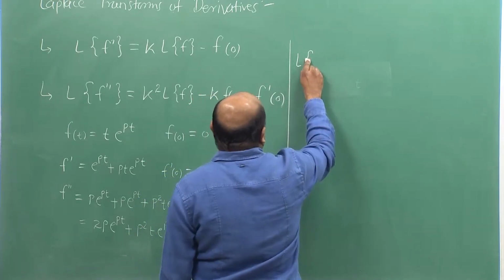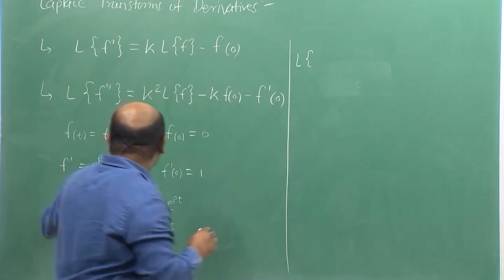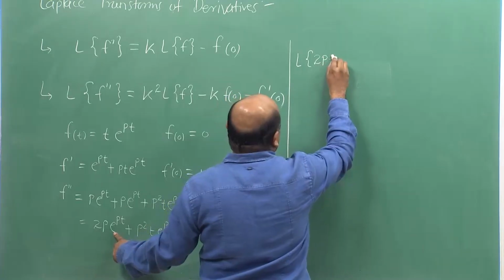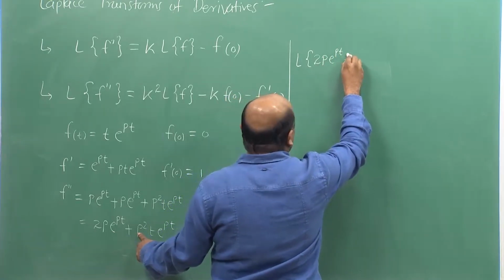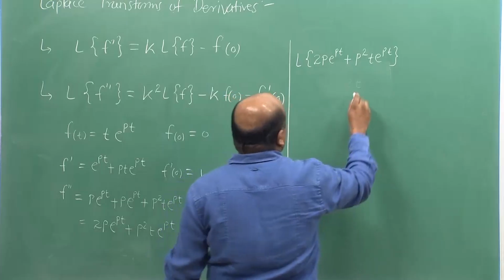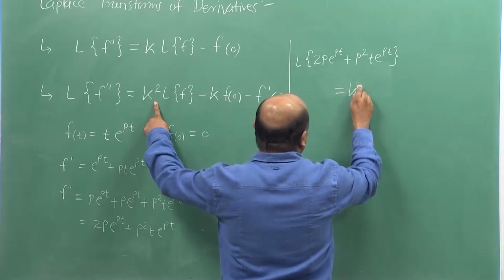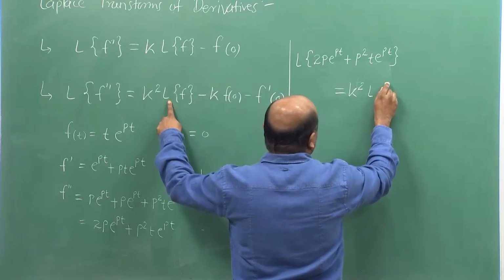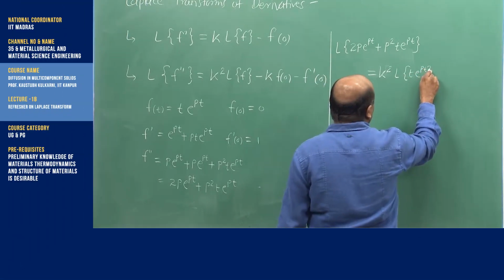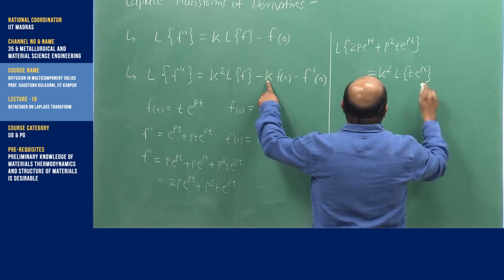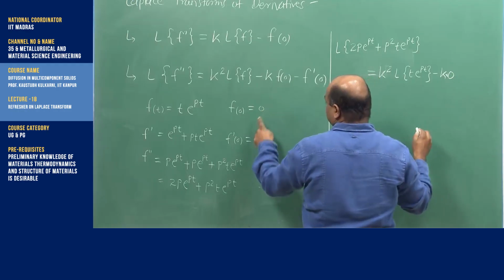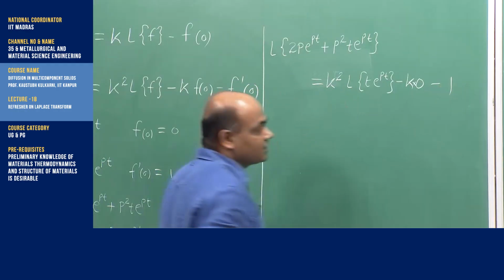we will get Laplace transform of f double prime, 2p e to the power pt plus p square t e to the power pt, should be equal to k square times Laplace transform of f, and f here is t times e to the power pt, minus k times f of 0 which is 0, minus f prime 0 which is 1.